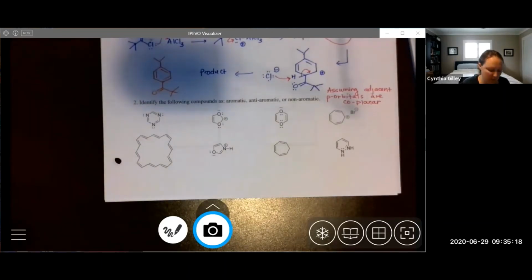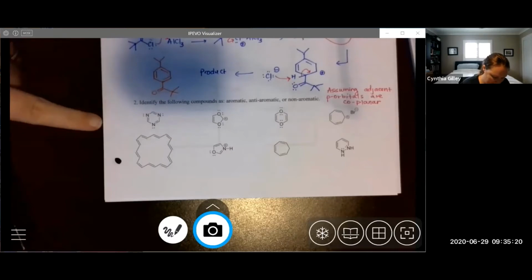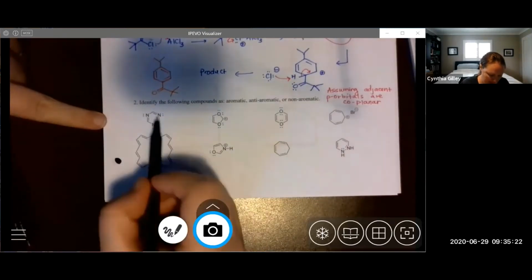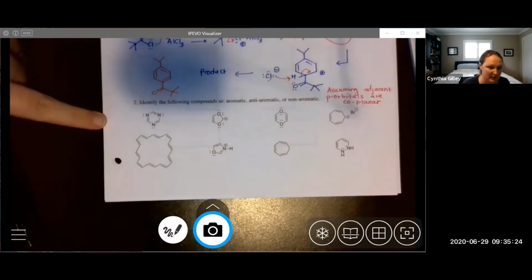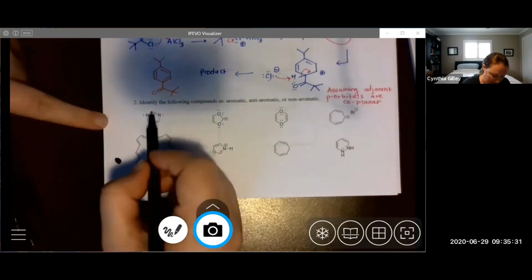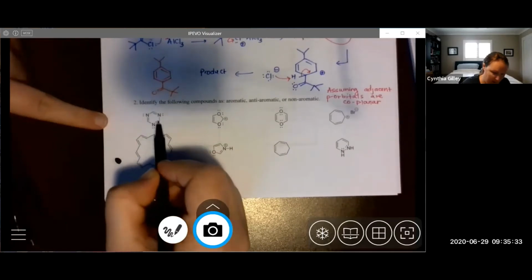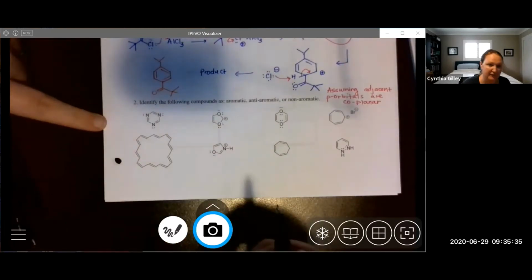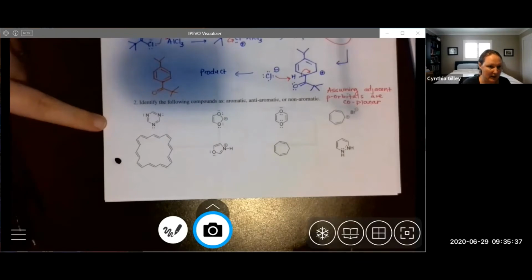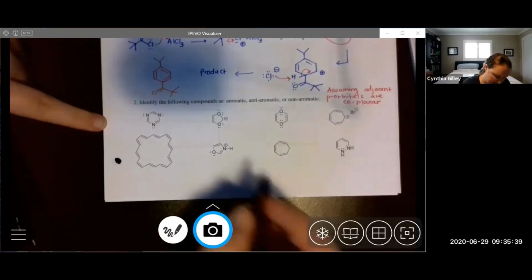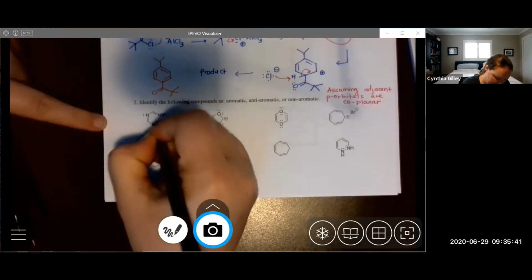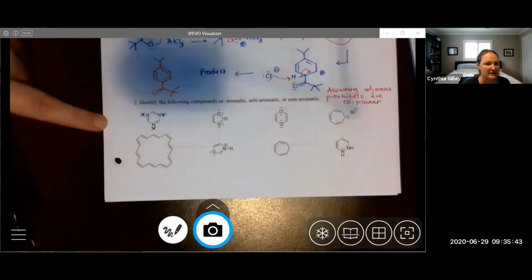Okay, so when we're looking at this one, remember that there are 3 pi bonds. It kind of looks like benzene, and it's very similar to benzene. Because all of the p orbitals are coming from the pi bonds, these lone pairs don't count towards aromaticity.